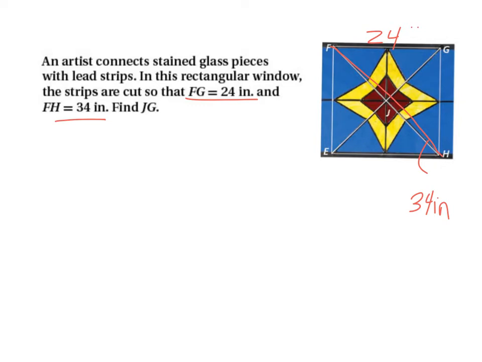So since FH is congruent to EG, and I know EG is also 34 inches, but I know that these parts are equal to each other. So if I'm looking for JG, this yellow part, JG would be half of 34 inches, so that would be 17. So knowing the theorems allows us to find the lengths of different sides or angles in a rectangle.